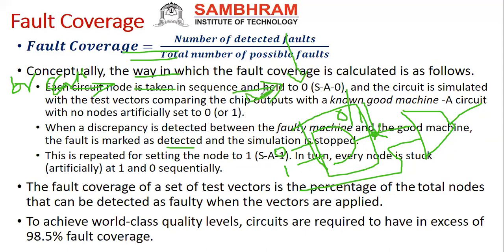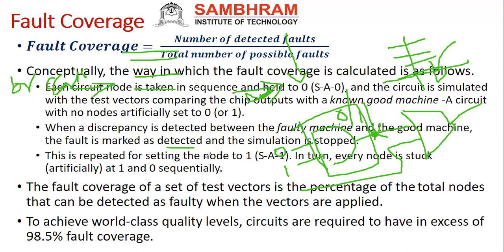But normally in a C program, it is sequential, in the sense that if the first line is correct, then only the second line will run, then third, fourth. If there is something wrong over there, your simulation will get stopped. It will come out, meaning in this particular line there is some fault. That is what I can say here. Like this only it will do.